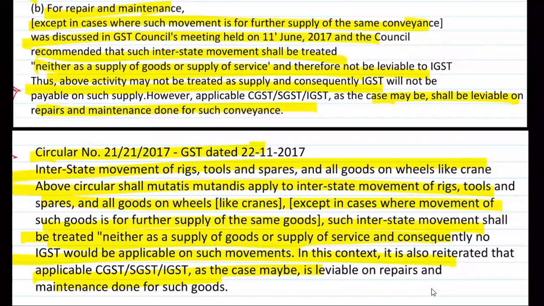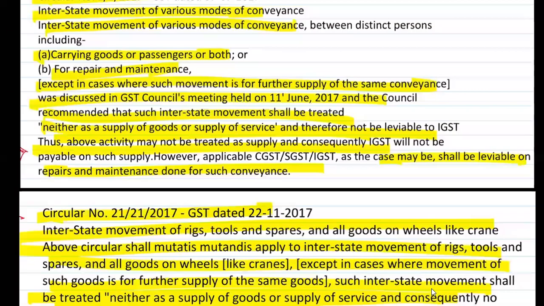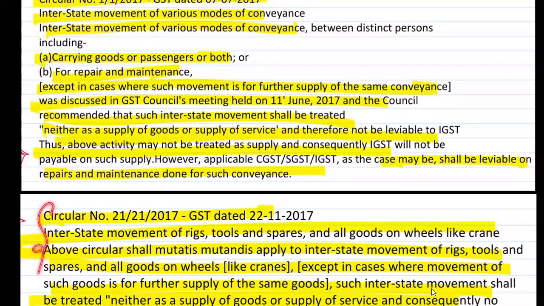This is all. Okay, the last circular: interstate movement of rigs, tools and spares and all goods on wheels like crane. Now see, the above circular shall mutatis mutandis apply to the interstate movement of rigs, tools and spares. Okay, they're saying that whatever has been said over here, the same will apply over here as well.